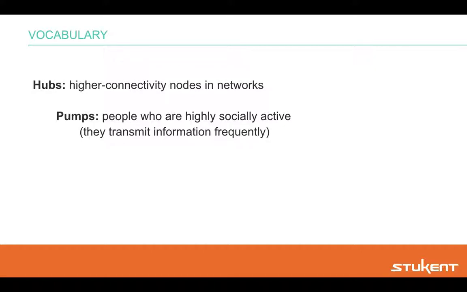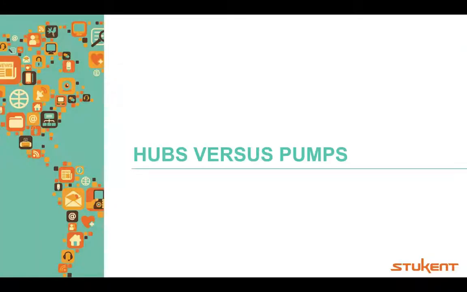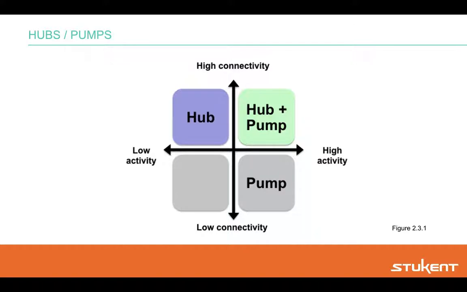Connected to a lot of people. However, pumps are people who are highly socially active and transmit information frequently. So when we look at hubs versus pumps, we have to balance as social media marketers the importance of finding people that are hubs, highly connected to a large number of people, with pumps that are highly active.